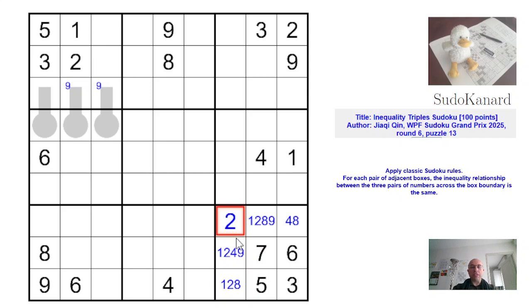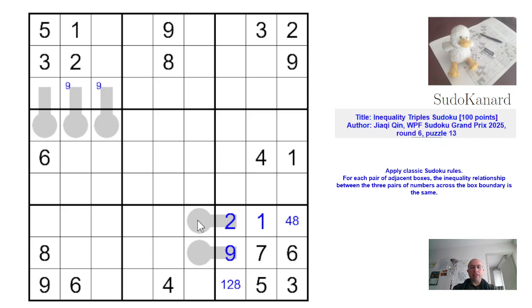Let's say 2 is here. Then on some side it will be with the 1, let's say it's here. And on the other side it will be with the 9. But knowing that 9 is here, it means that, oops, what have I done? It means that the thermometers will be like this.